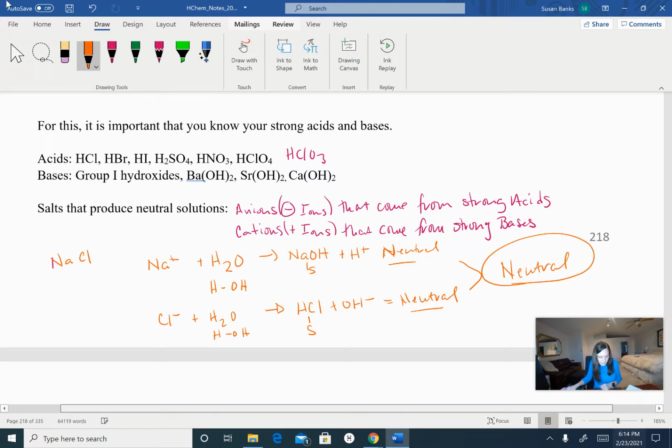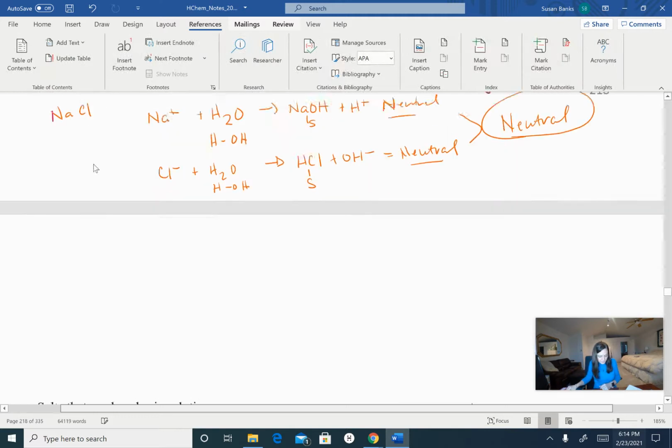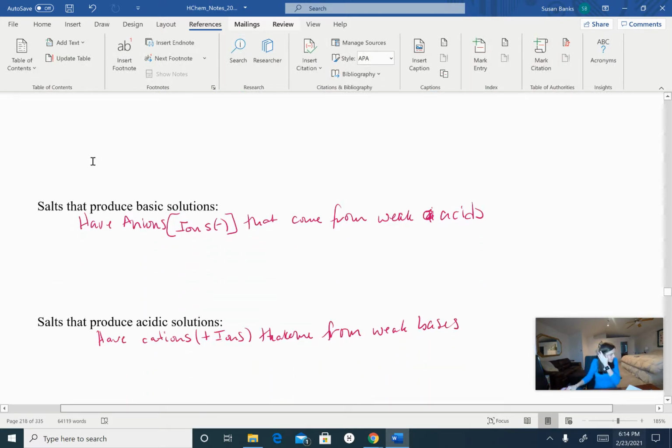Okay, let's do an example with a base. Basic salts: let's look at sodium fluoride. Once again, we're going to break these ions up and see how they react with water. If I react sodium with water, we would think that it should make sodium hydroxide and hydrogen ions. But we know that this is a strong base, so that is a neutral reaction right there.